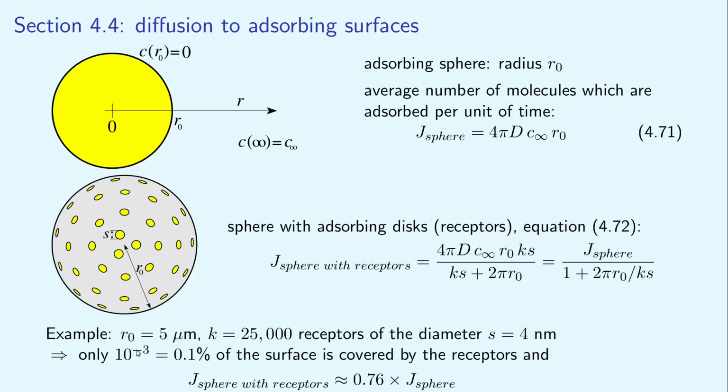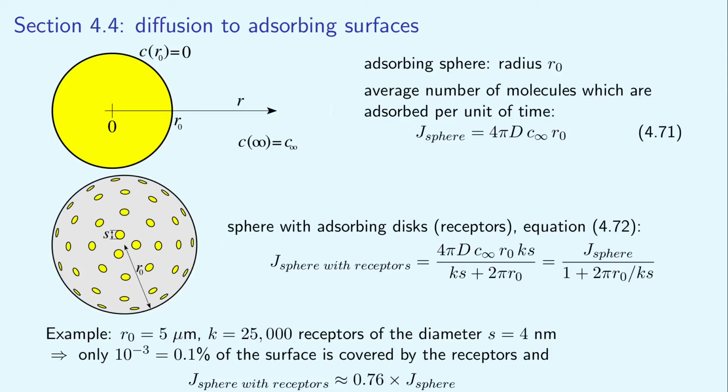Considering that the cell radius is equal to 5 micrometers and its surface contains 25,000 receptors of the diameter 4 nanometers, which are uniformly distributed, we obtain that only a small fraction of the surface is covered by receptors, but they are still comparably effective in capturing molecules. Such a calculation shows that the cell surface can contain a lot of specialized receptors.